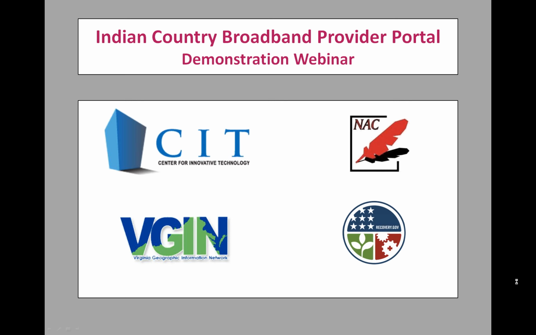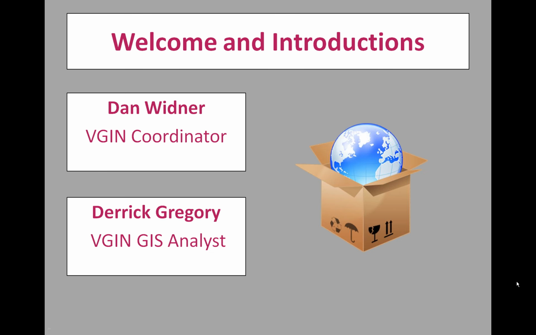Thanks, Marco. I'm Dan Widner with the Virginia Geographic Information Network, or VGIN, as Marco said. And we're part of the overall broadband team that's here helping as a part of NTIA's ongoing efforts to assist tribal broadband providers, tribes, and state broadband grantees with gathering data, providing assistance and tools where needed to get this information on the national broadband map to make it as up-to-date and as accurate as possible.